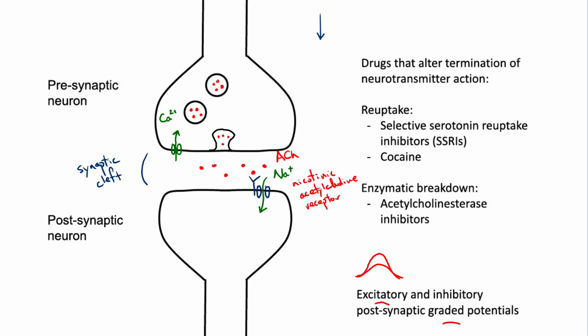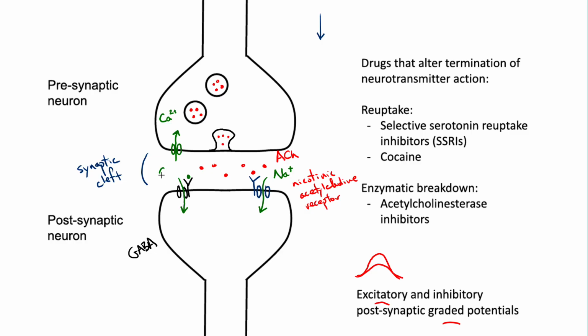Now, there can be other postsynaptic transmembrane receptors. For example, I'll draw one over here that would respond to a different neurotransmitter, say the neurotransmitter GABA, that's spelled like that, and if it bonded to the neurotransmitter GABA, it could open a chloride channel.